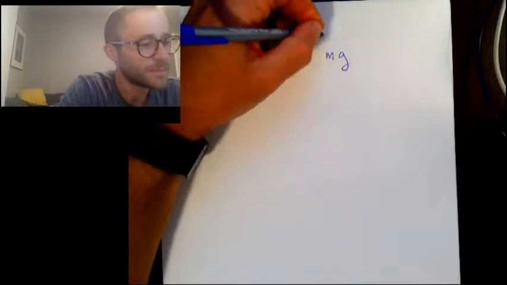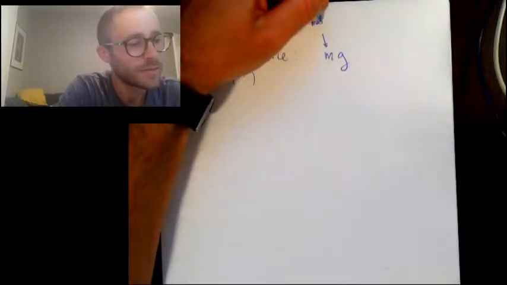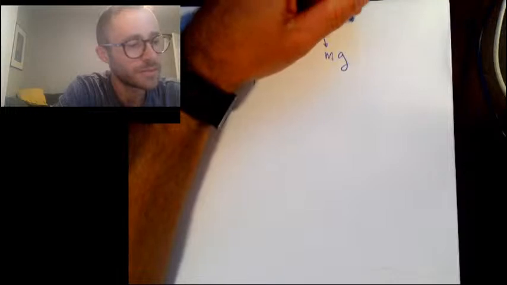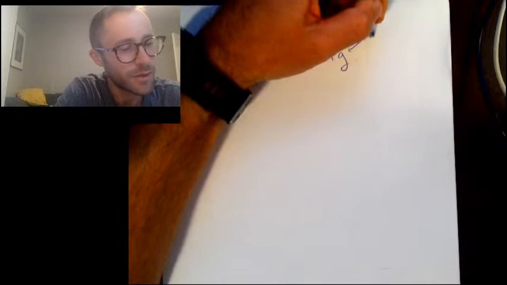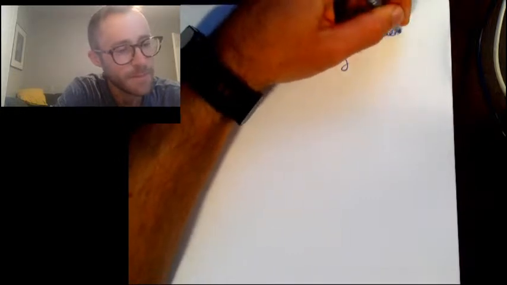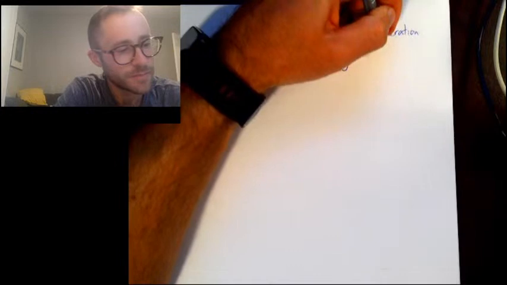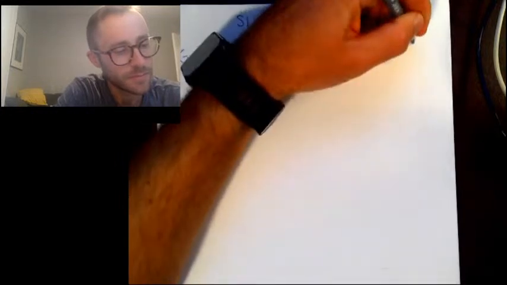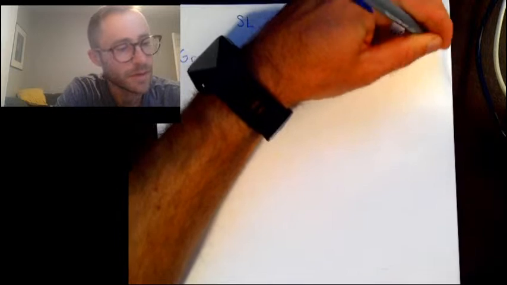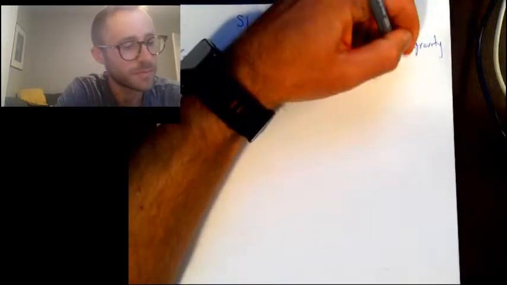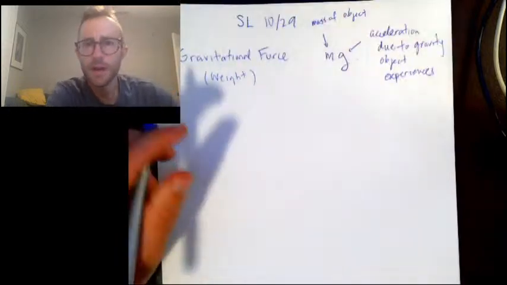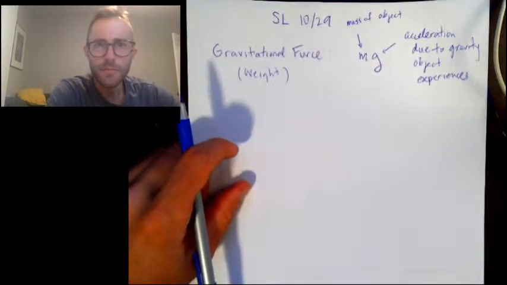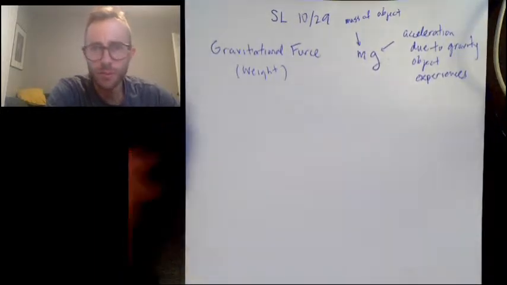So m is the mass of the object, and g is the acceleration due to gravity the object experiences. So that's the formula for the gravitational force, also known as the weight force.